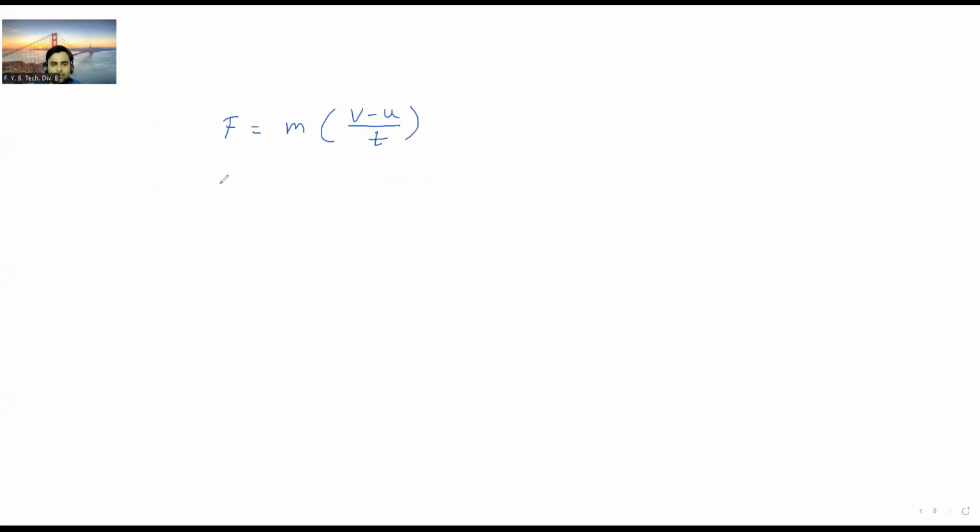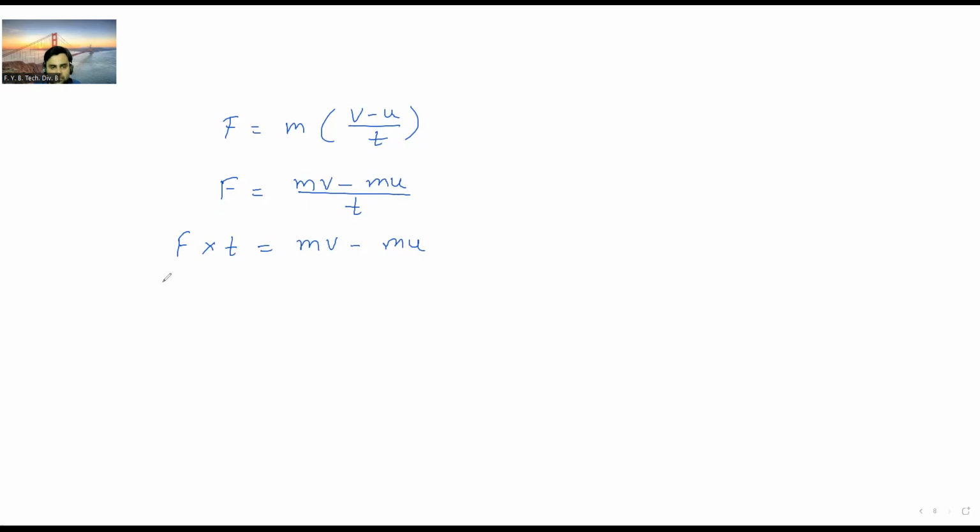So here F is equal to, if I multiply it inside by M, it is MV minus MU divided by T. If you transfer this T to that side, then it will be F into T is equal to MV minus MU.